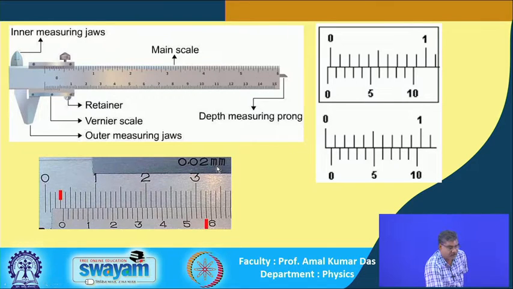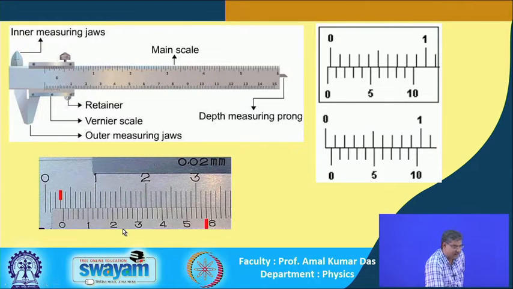So, that will be the vernier scale reading. Okay. So, the total reading will be 0.3 centimeters plus vernier scale reading 0.058 centimeter, so the total reading will be 0.358 centimeter. Okay. Now, you have to take care of the zero error if any.